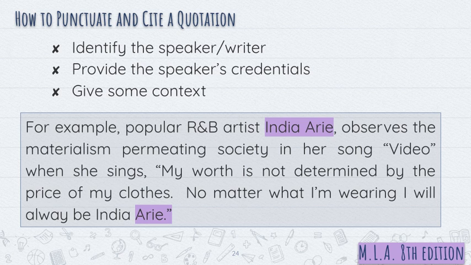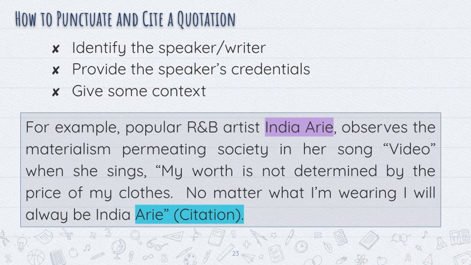Because I've identified the source in introducing the quotation, I do not need to provide an in-text citation here. However, if I did not provide the source in the introduction of the quotation, then I would need to have a citation there.